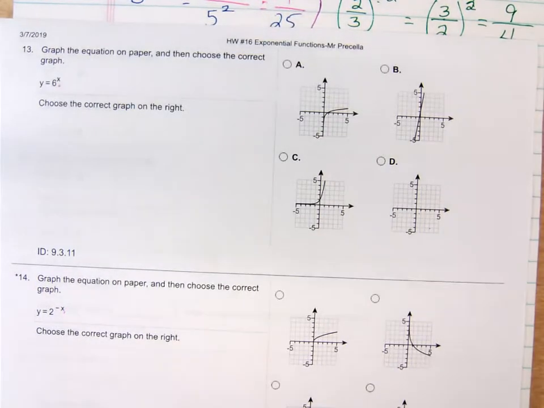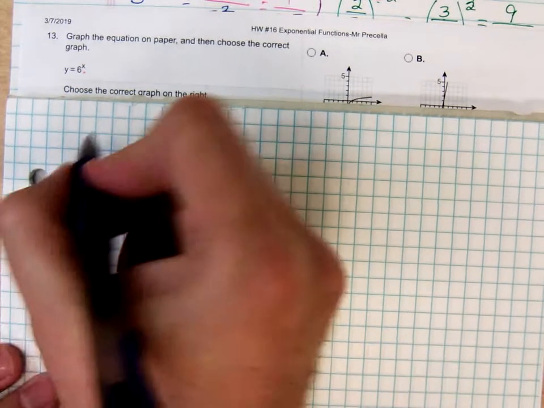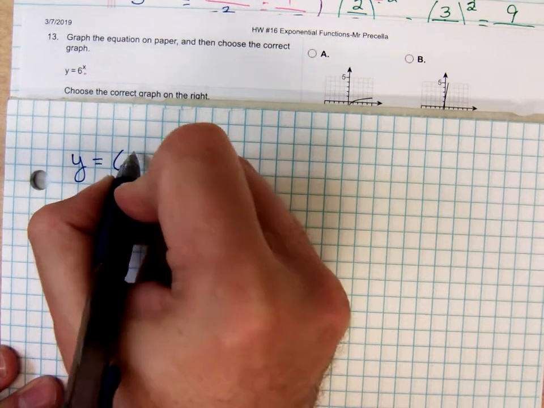Hold on, I have it right over here. Here I am, back again. Sorry for the delay. I'm going to graph y equals 6 to the x.